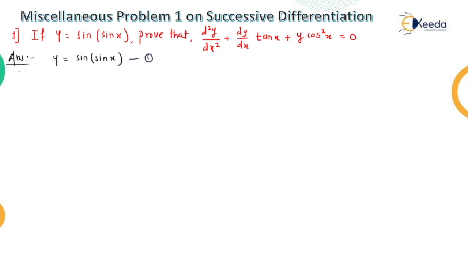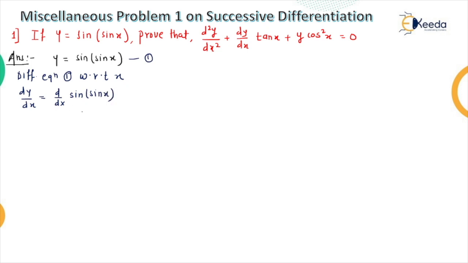Differentiate equation 1 with respect to x. So what will we get here? dy by dx is equal to d by dx of sine of sine x.